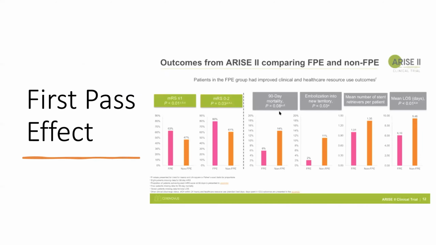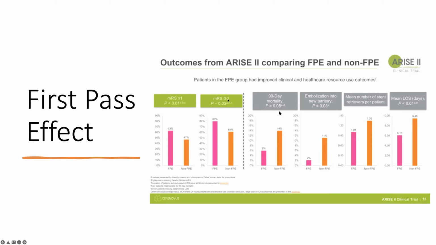This is another slide taken from the RISE 2 trial comparing first pass effect versus non-first pass effect. So the pink here is first pass effect and the orange is non-first pass effect. So the modified Rankin score of less than 1, you can see that it was 63% with the first pass effect versus 47% for the non-first pass effect.